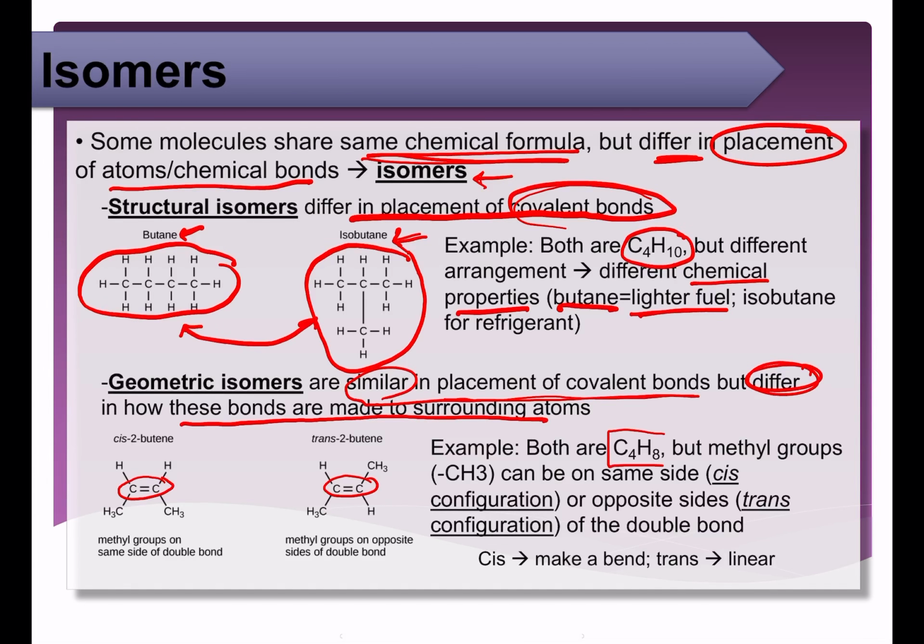Both are C4H8, okay, having 4 carbons and 8 hydrogens, and both are called butene molecules, but one is called cis-butene and one is called trans-butene. Whether they are in the cis or the trans configuration has to do with where the methyl groups are. Okay, methyl groups are referred to as CH3s.